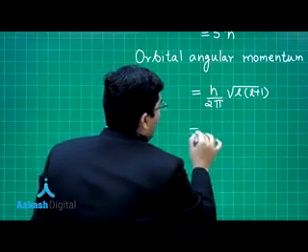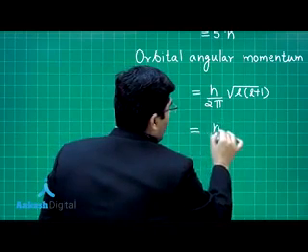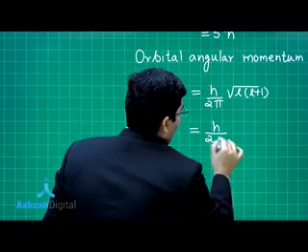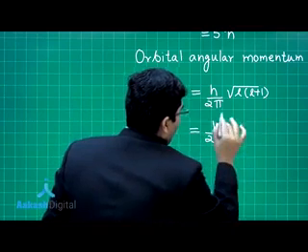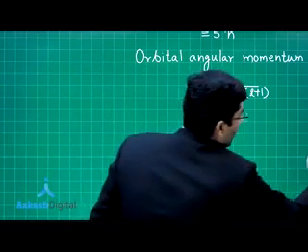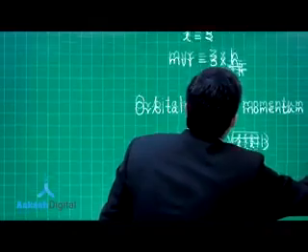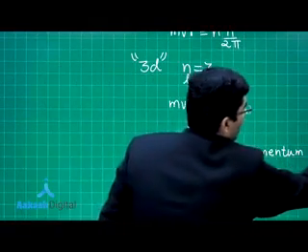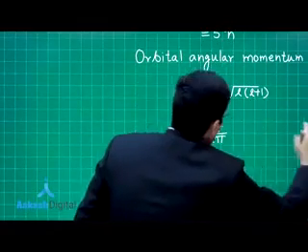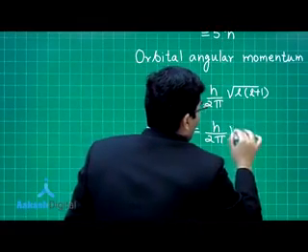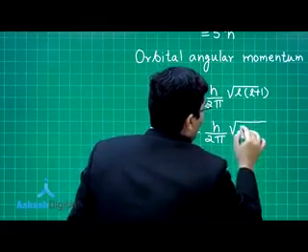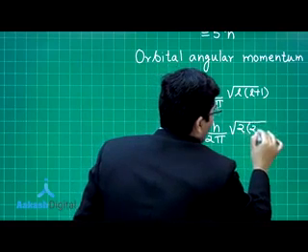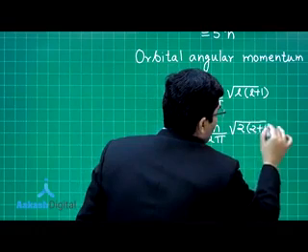Now since we are talking about 3d subshell, the value of l we have already found, and the value of l is equal to 2, and you can put this value here, 2 multiply by 2 plus 1.